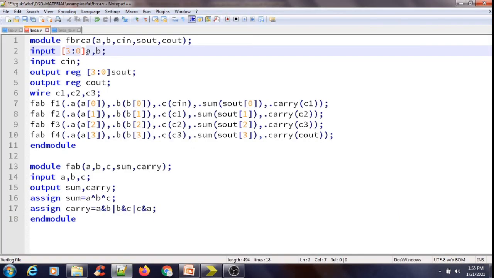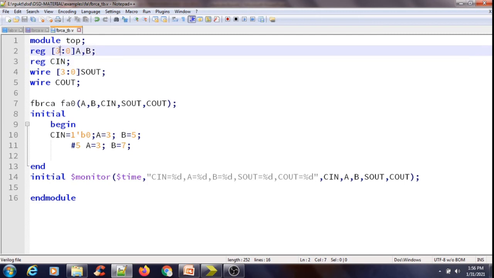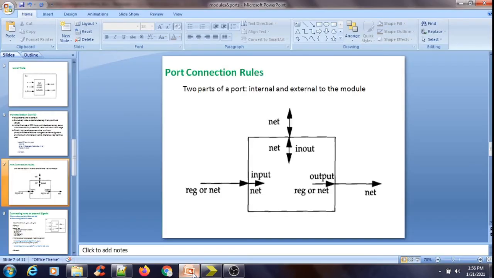Here I have used 3 down to 0 for A, B. Here, during the time of the test bench, instead of 3 down to 0, if I have written 2 down to 0, it is illegal. And if I have written 4 down to 0, it is also illegal. So width matching also plays a crucial role.